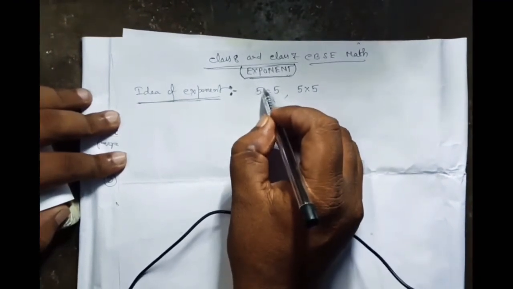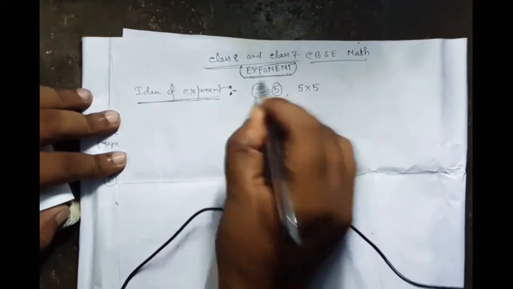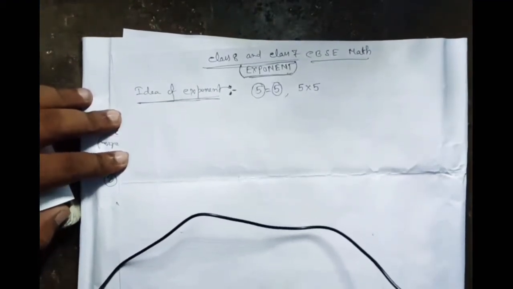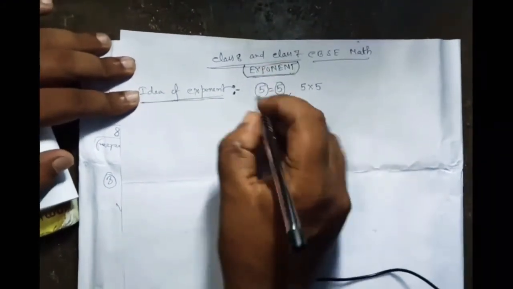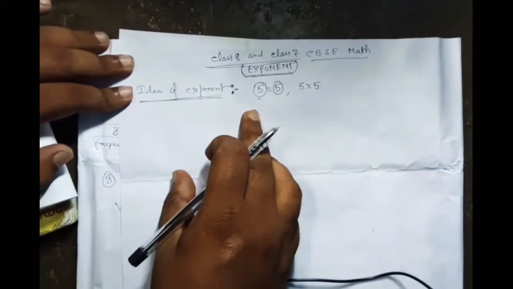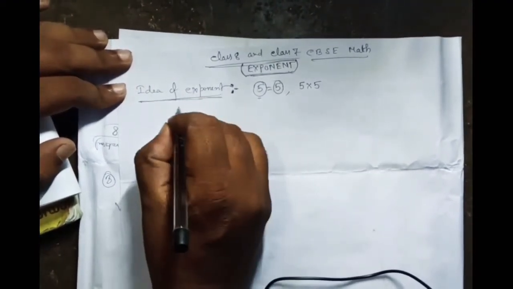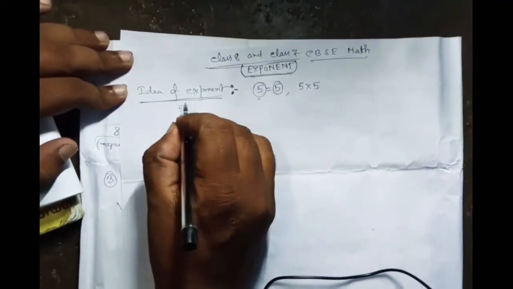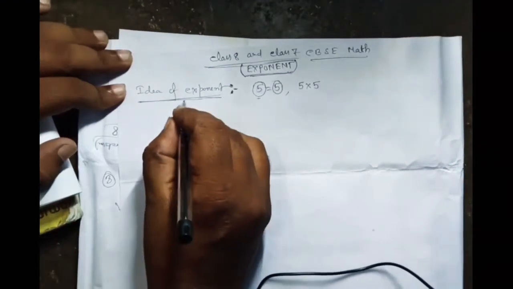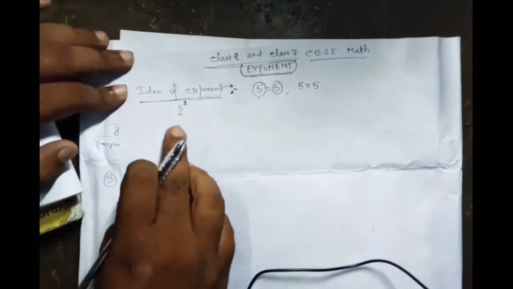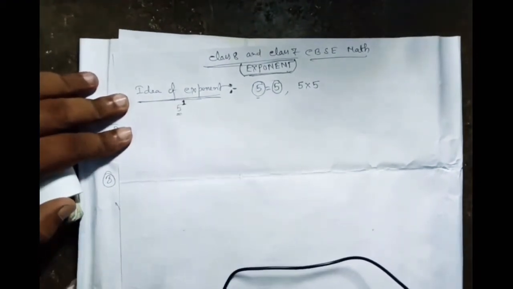As we know, if we take any single natural number or integer, any single number, then its exponent is 1. That means suppose we are taking 5, then there should be 1 present in the head of this. We can write in the head of this 5 this 1. Okay.